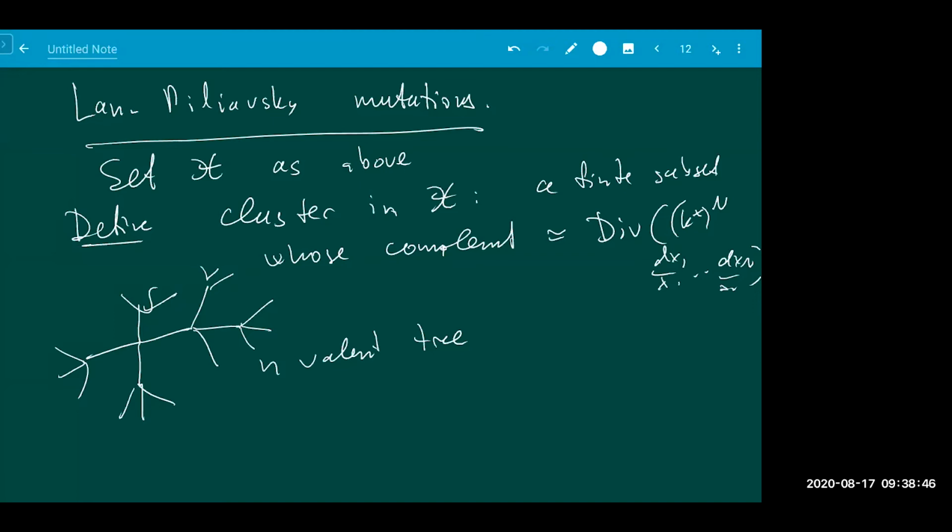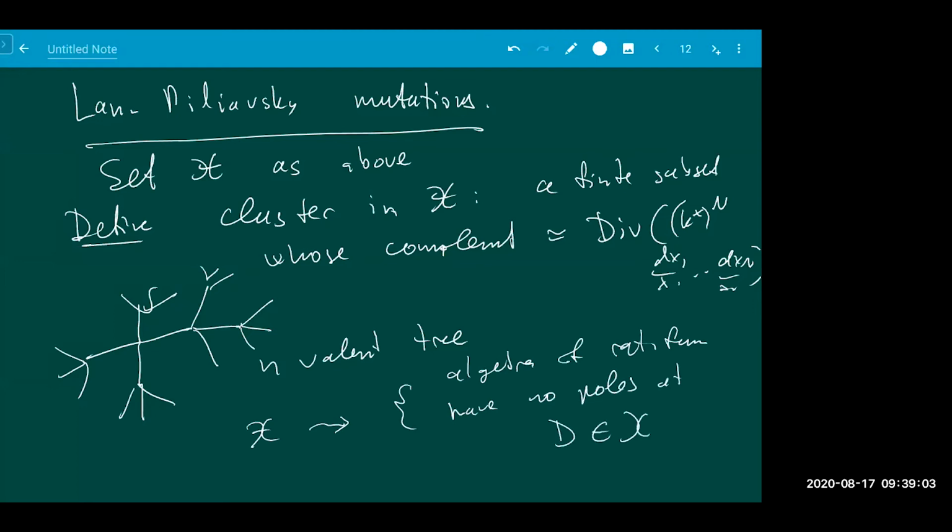For example, if you get this finite set X, you can see the algebra of rational functions which have no poles at divisors belonging to X. So it will be Laurent polynomials.